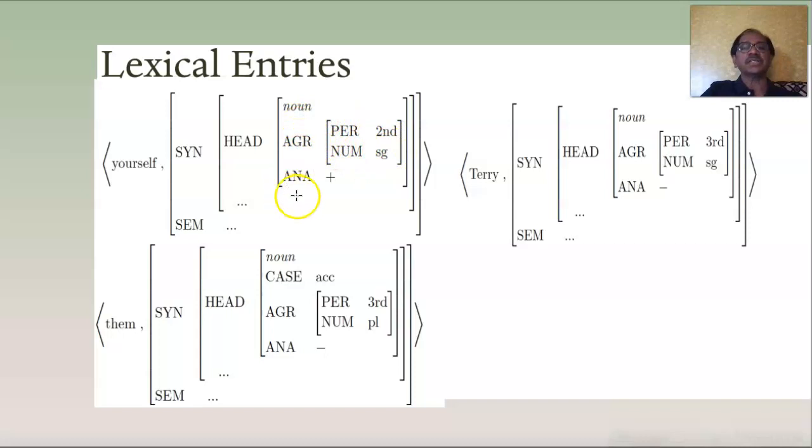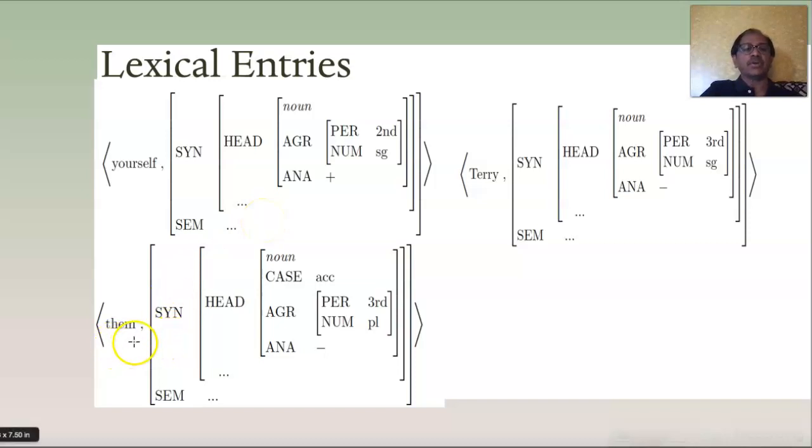In addition to this, we have now introduced ANA, which is plus. We haven't added the specifier and the complements here. We are underspecifying for the moment, but we need to mention that later anyway.